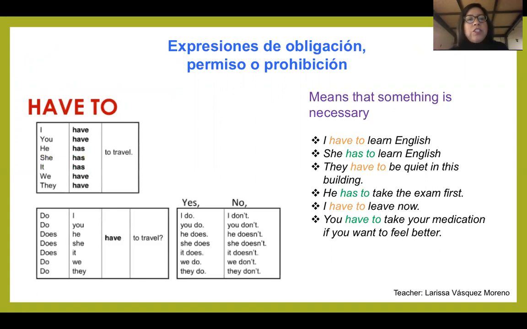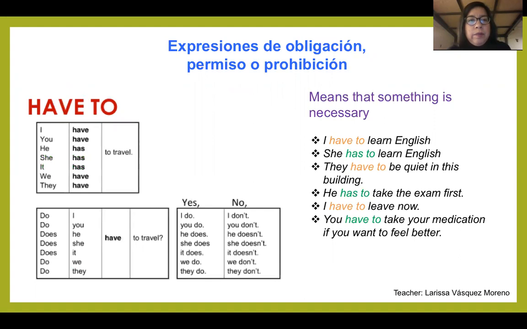What about questions, interrogative sentences? We add an extra auxiliary verb, which is do or does, depending on the pronoun. And that other auxiliary verb is going to help us express interrogative sentences.